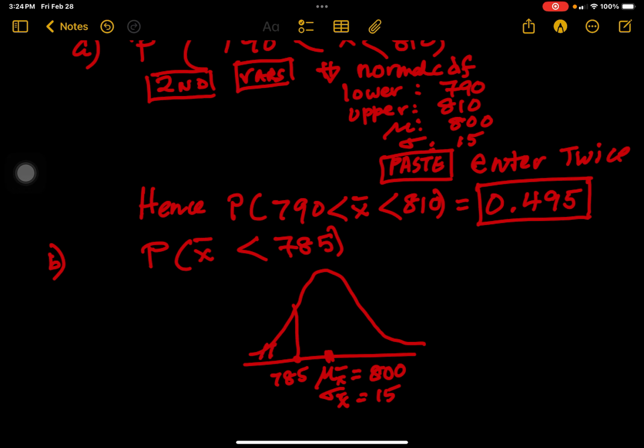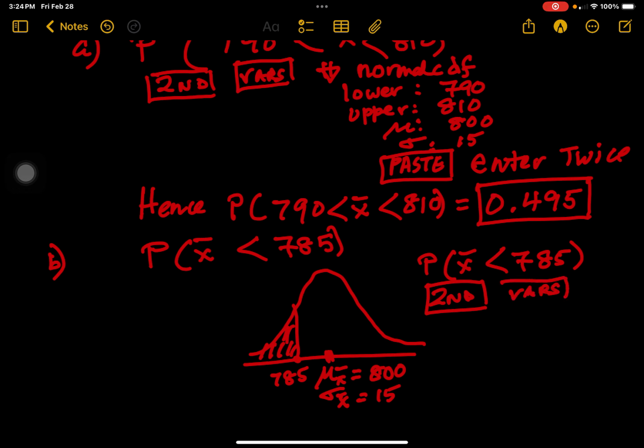Further, we want the area below 785. So we want to find out P of x bar less than 785. Again, use the second key, vars key, and then scroll down to normal CDF, number 2, which is normal CDF.